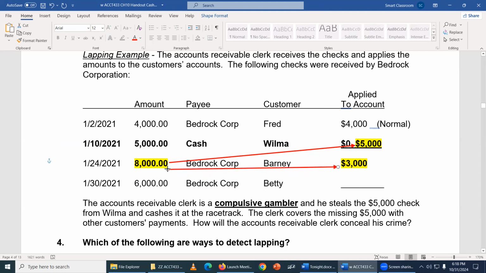Now we've got Barney on our back because Barney sent in a check for 8,000, but Barney only has 3,000 in the account. Okay, so now we've got to get Barney off our back. Luckily, Betty comes along. And we'll make Betty green. Okay, so how much do we have to take out of Betty's check and give to Barney?